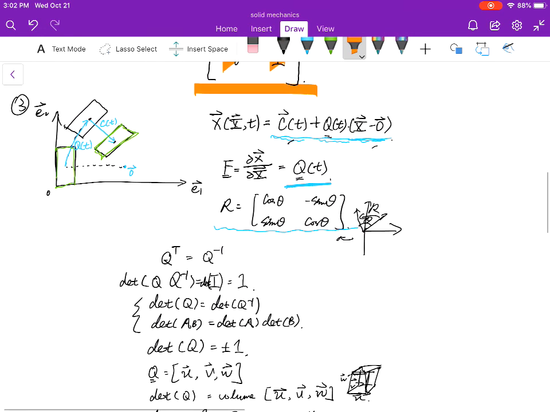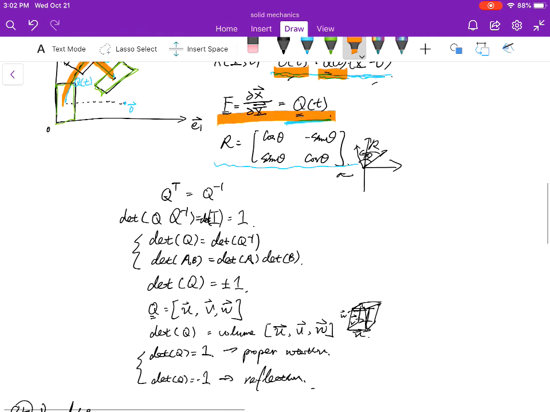For the rigid body rotation, we considered a translation C and then a rotation Q. As we can see, the deformation gradient is just the rotation tensor.